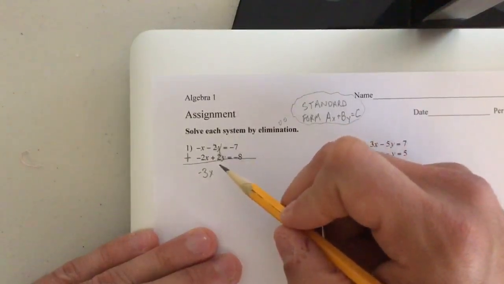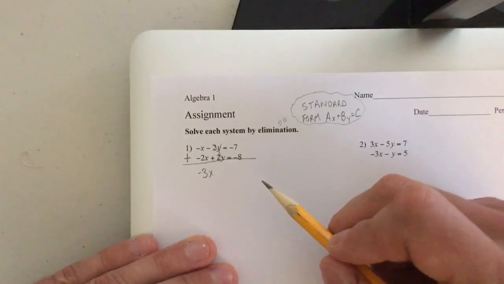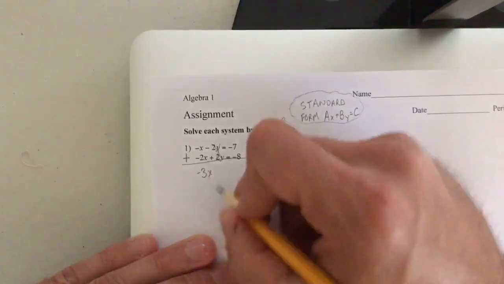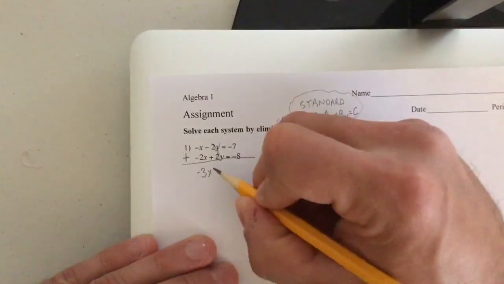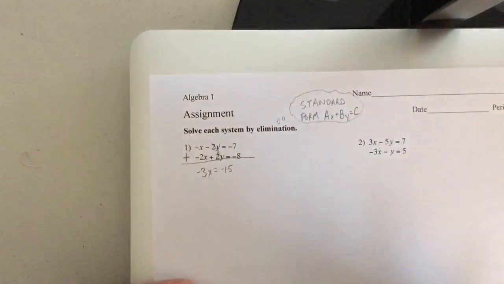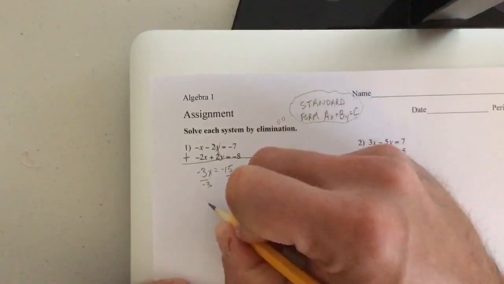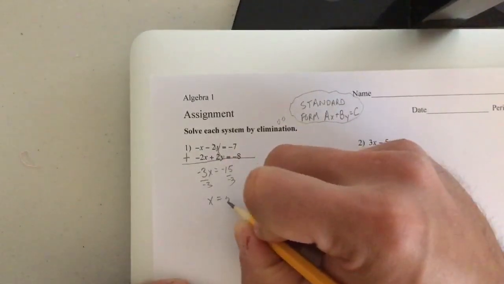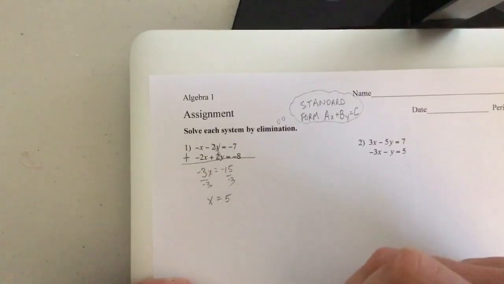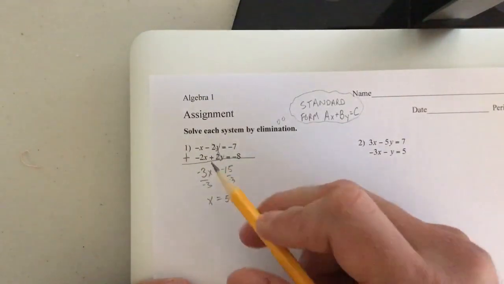We want one of the variables, whether it be y or x, to cancel every time. That's lovely. And then negative 7 plus negative 8 equals negative 15. Now we can divide both sides by negative 3. We get x equals 5. Once we have x equals 5, plug it back into one of the 2 equations.